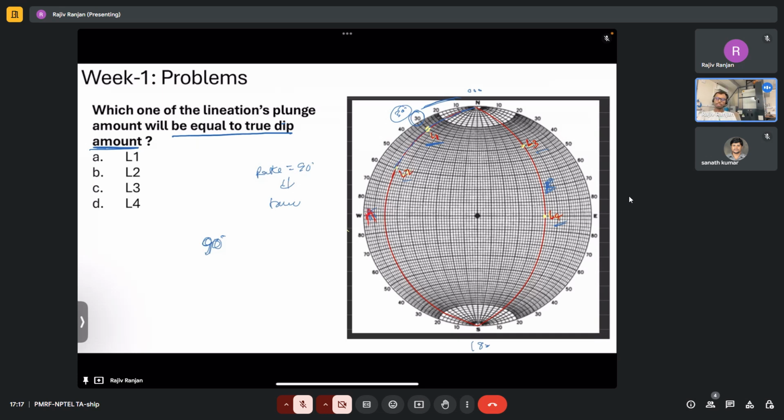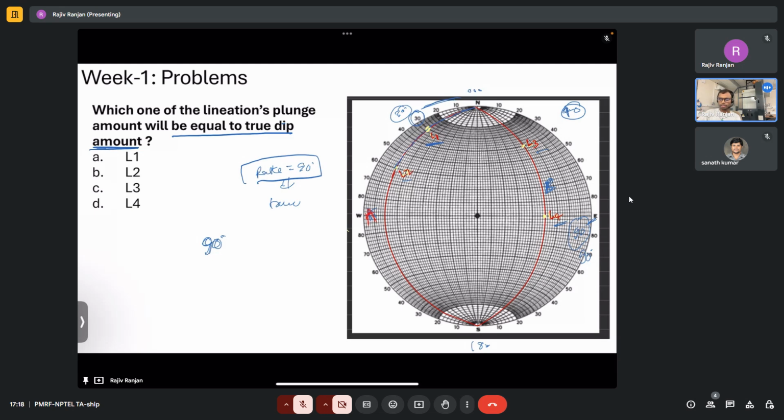Let us try to see the lineations. L3 here, the rake is 40 degrees. Here if you see L4, it has bearing of 90 degrees and rake of 90 degrees, and we studied a couple of slides earlier that when rake is 90 degrees, it is indicating true dip, right?